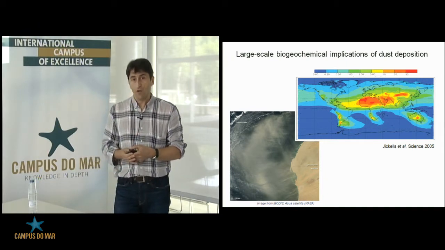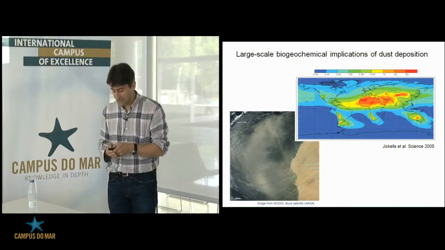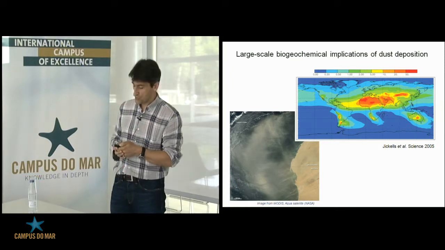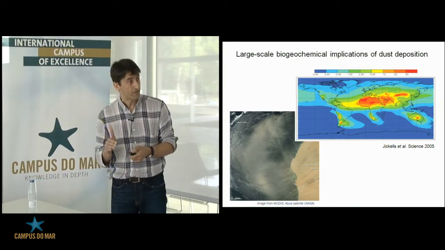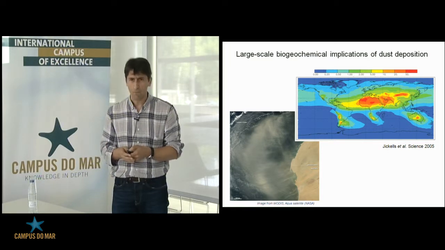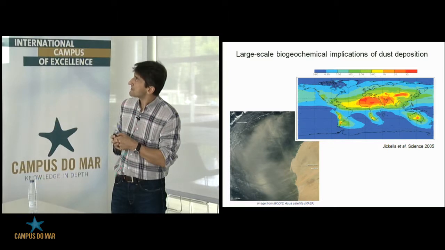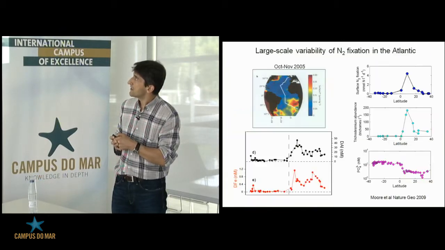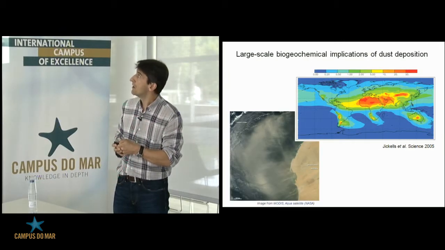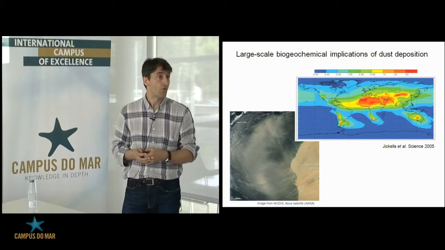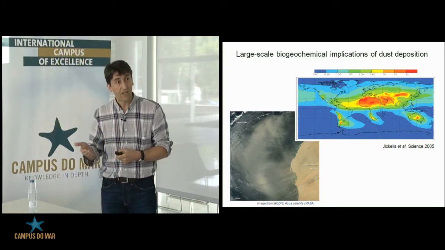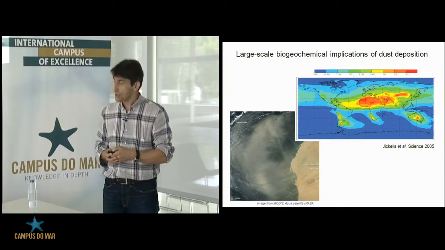So the Atlantic really provides a really nice laboratory to understand the large-scale impacts of dust deposition, because there is a really clear, marked asymmetry. In the North Atlantic, we have large deposition fluxes, whereas in the South Atlantic, we have much smaller deposition fluxes.